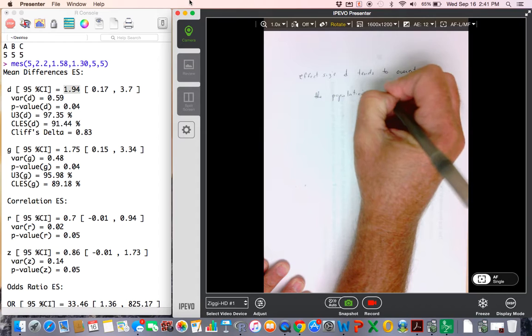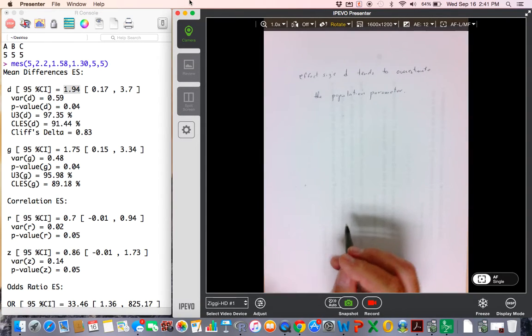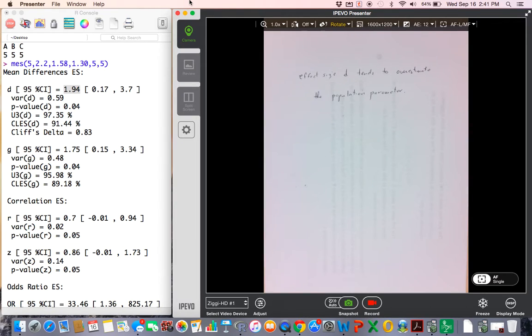So you've got to remember, guys, that we're taking this information from a sample and trying to make a general statement. The research shows that this D that we get, this 0.194, tends to overestimate the true population parameter.